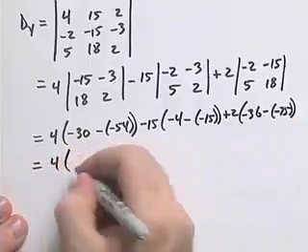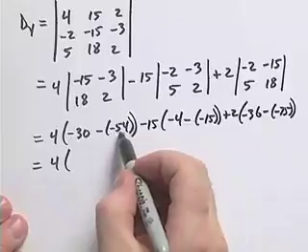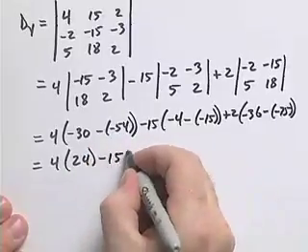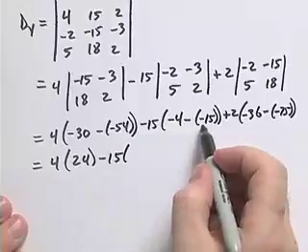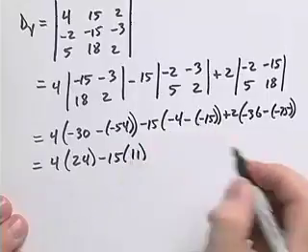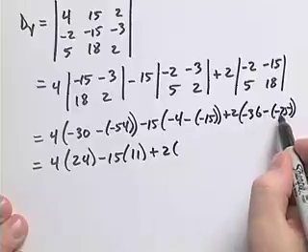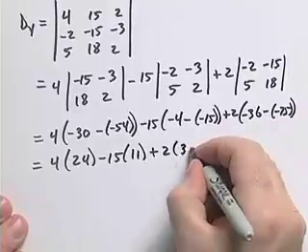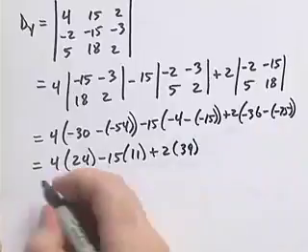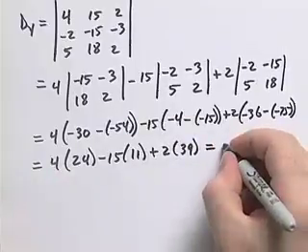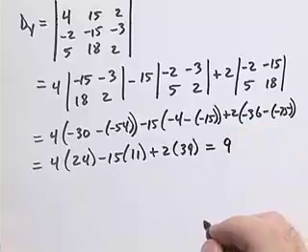So here we'll get 4 times, negative 30 minus a negative 54 is going to be positive 24, minus 15 times, negative 4 minus negative 15, it's going to be positive 11, plus 2 times, negative 36 minus negative 75 is 39. And so if we clean this up, we end up with Dy is equal to positive 9.